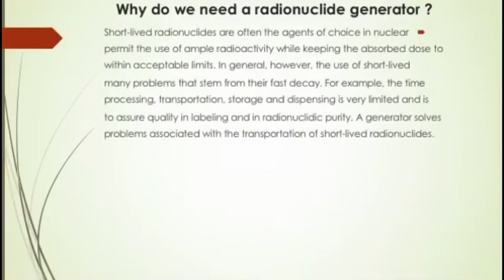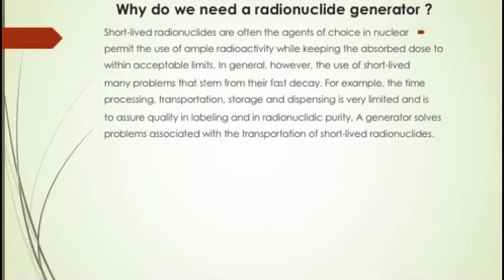Why do we need a radionuclide generator? Short-lived radionuclides are often the agent of choice in nuclear medicine because they permit the use of ample radioactivity while keeping the absorbed dose to the patient within acceptable limits. In general, however, the use of short-lived radionuclides initiates many problems that stem from their fast decay.